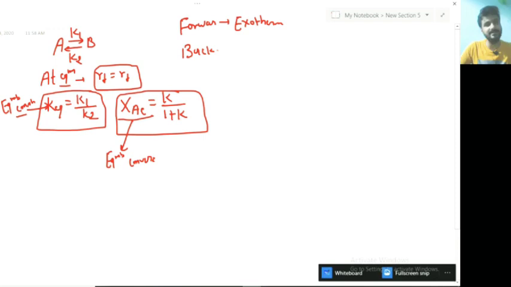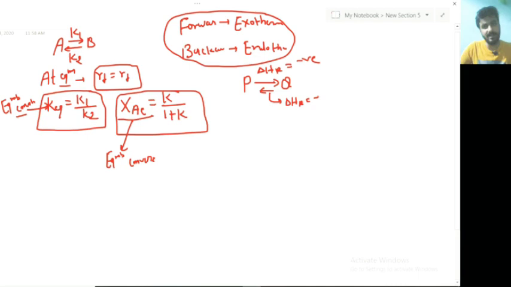Just try to understand, if P is getting converted into Q and the delta H of reaction of the forward reaction is negative, then definitely the delta H of reaction of the backward reaction will be positive. So if this is an exothermic reaction, then there must be an endothermic reaction to balance this thing.